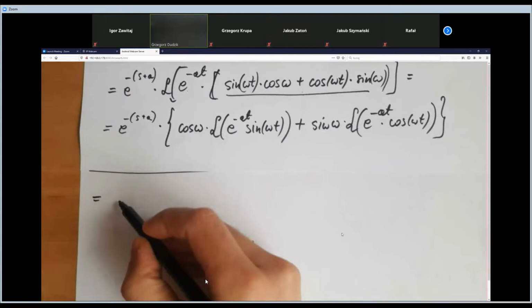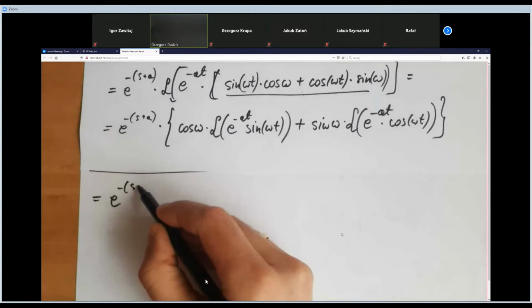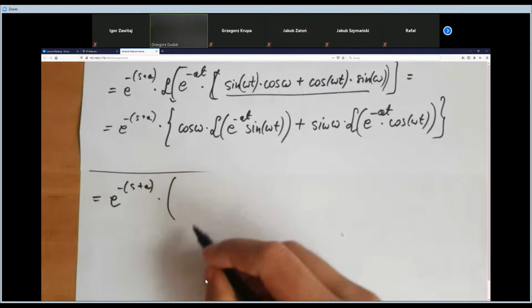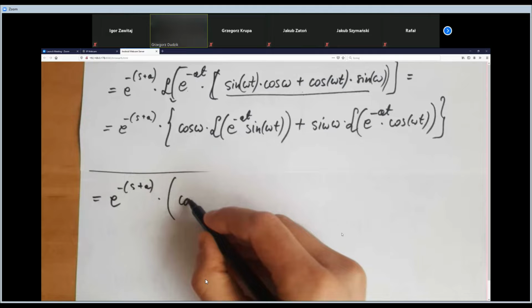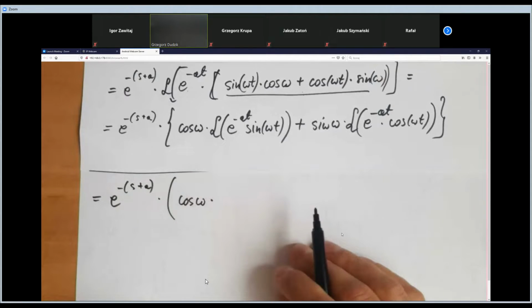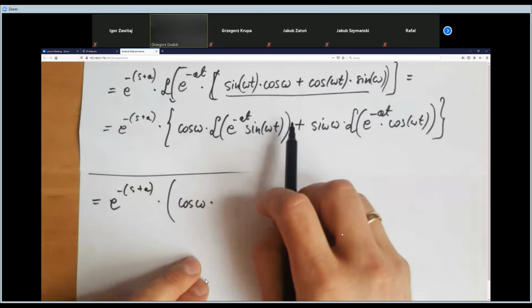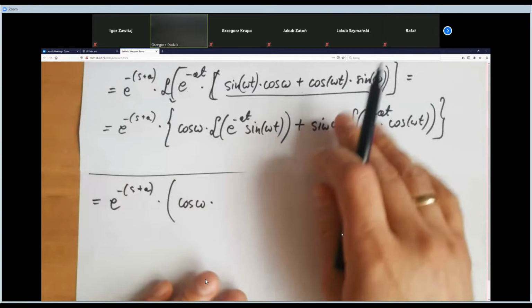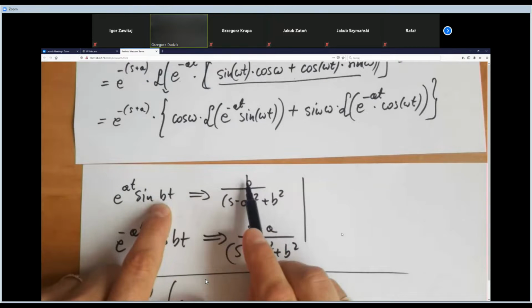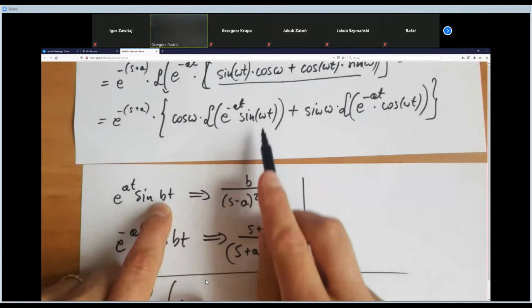So it is equal to e to the power of minus s, times the cosine omega, which is a constant, times the Laplace transform of this function. This is the sine function. Please take a look. Look, it is the b. In our case, the b is the omega. Yes, that's right.